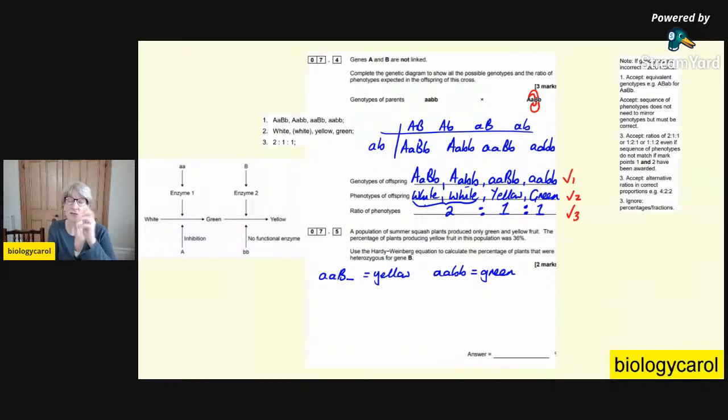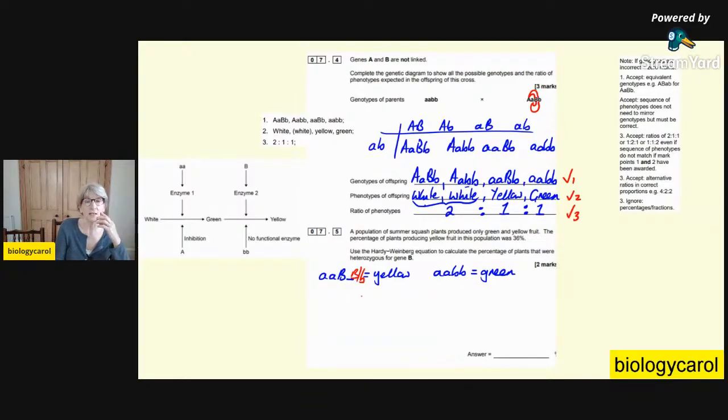Therefore, does it make sense that these are the possible genotypes that are going to get us either yellow or green? This dash here means that it can be either a big B or a little b. That's what this underscore means. Doesn't matter what this second allele is.